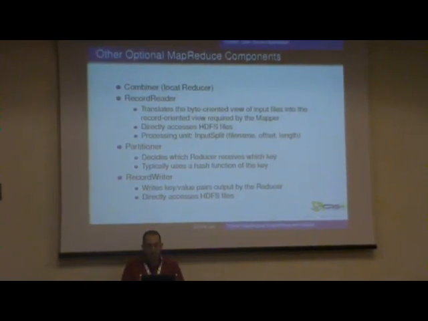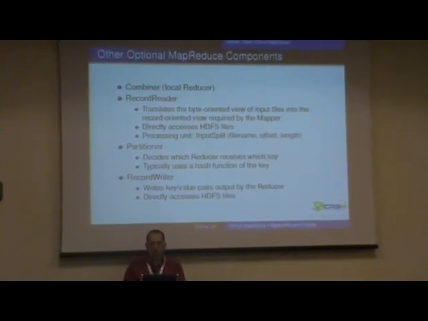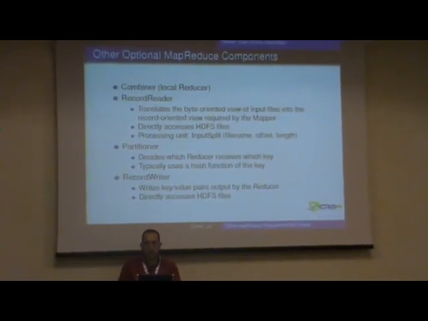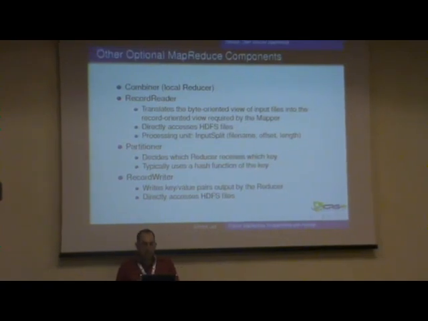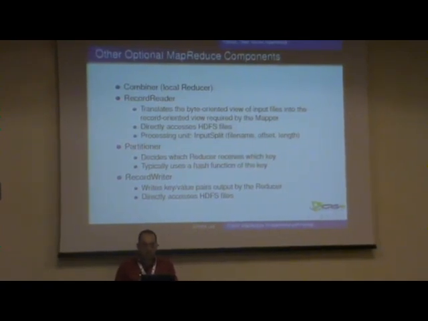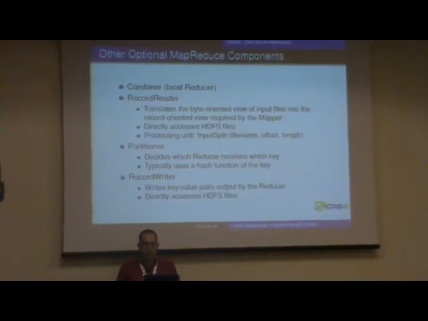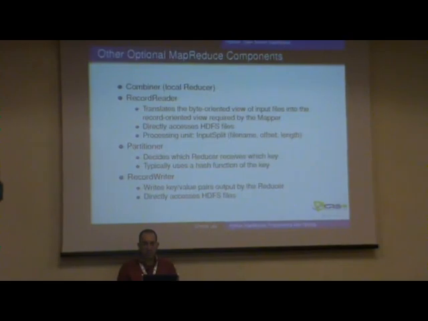But first, we have to introduce some additional components. We've already seen the Mapper and the Reducer. Those are the most important, the only required components. Every MapReduce application has these two, but you also can write additional components if you want to change the behavior, if you want to customize your application.